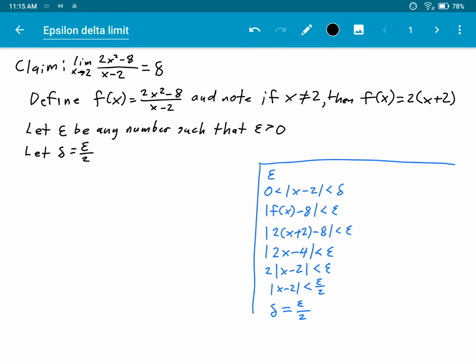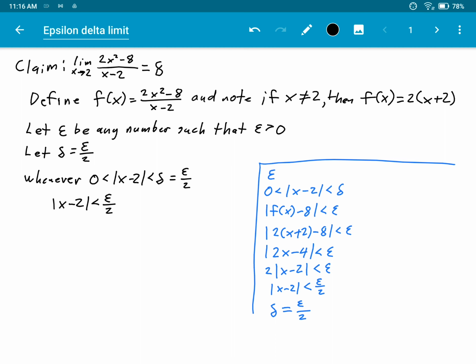Now, if we're letting delta equal epsilon over 2, then whenever 0 is less than the absolute value of x minus 2, which is less than delta, or epsilon over 2, then, well, the 0 less than absolute value of x minus 2, this first less than, that is just telling us that x isn't equal to 2. So then I can just rewrite this as the absolute value of x minus 2 is less than epsilon over 2. And I've got all of the information, assuming that x is not equal to 2.